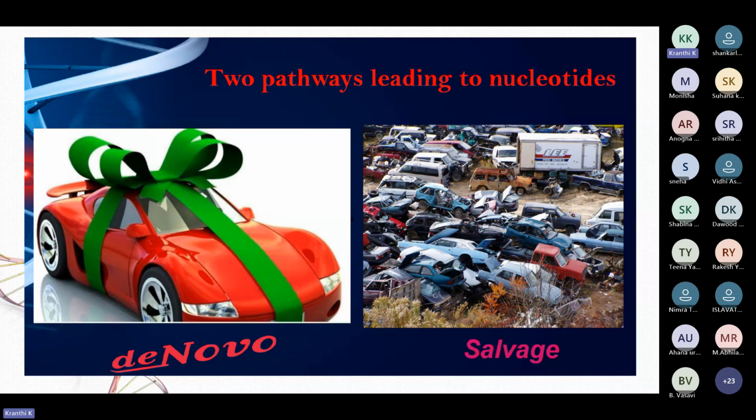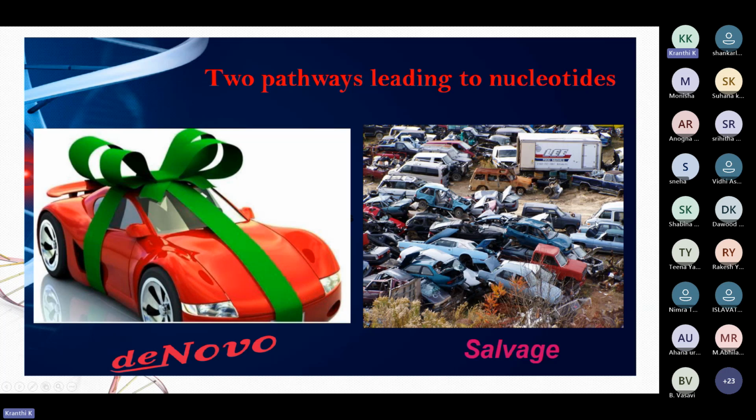That is called de novo. So there are two types. One is de novo, where we are using different compounds, like formate, glycine, because a lot of things contribute to the creation of one purine and one pyrimidine. Got it? So that's a new creation of the pyrimidine or purine.